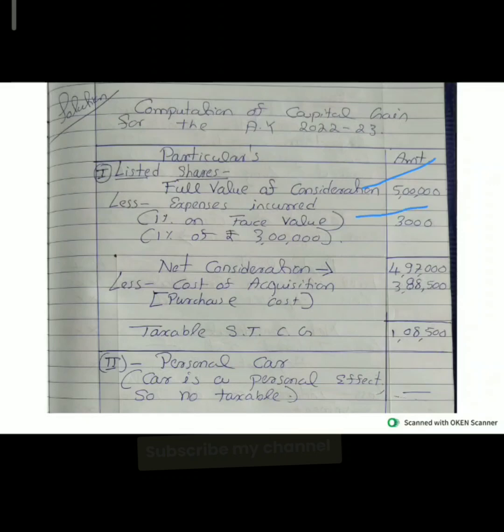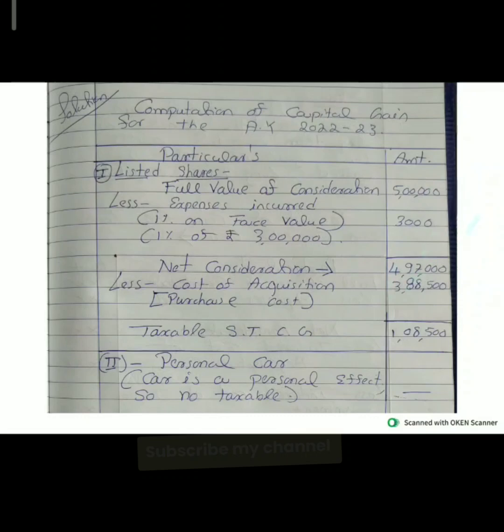Here it is 1% on face value. Face value and purchase cost are given separately, so the expenses incurred are on the basis of face value. Under this problem, the listed shares' face value is rupees 3 lakh. 1% of this 3 lakh means 3,000 is the expense incurred at the time of the sale.